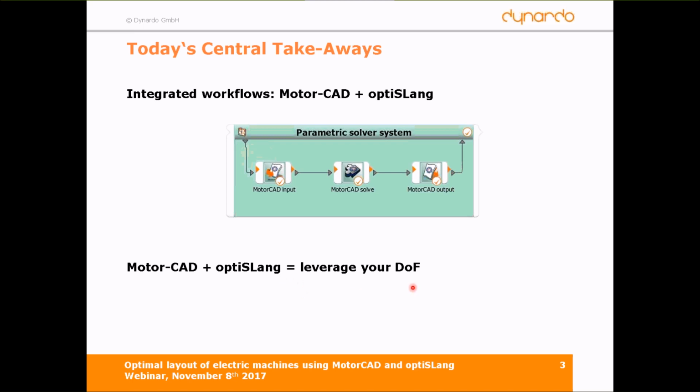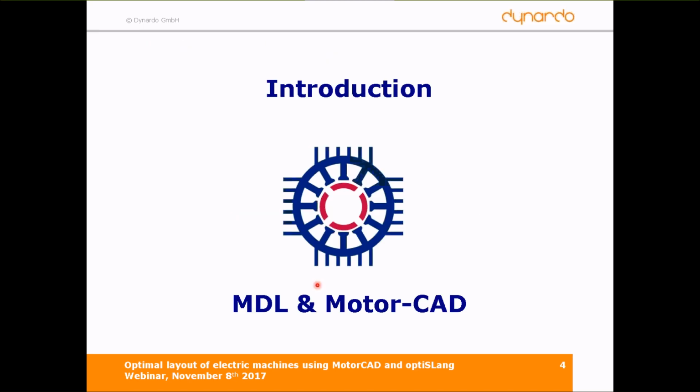You're designing an electric machine, you have lots of choices, lots of parameters, lots of degrees of freedom in what your optimal motor is, and therefore this should be the main message. With the two tools in connection, you have the best leverage to efficiently explore the design space you have, to leverage your design degrees of freedom.